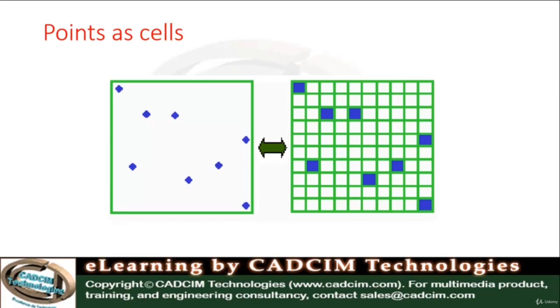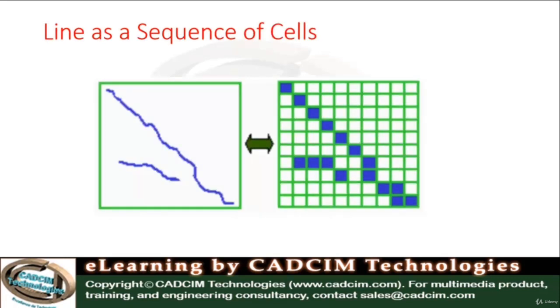First type of feature is point. A point in vector data is represented by a single dot, whereas in raster data it is represented by a single cell. Examples of points are trees, temples, etc. The second type of feature is line. A line in vector data is represented by a set of points that make up a straight line or a curve depending upon the feature it represents.